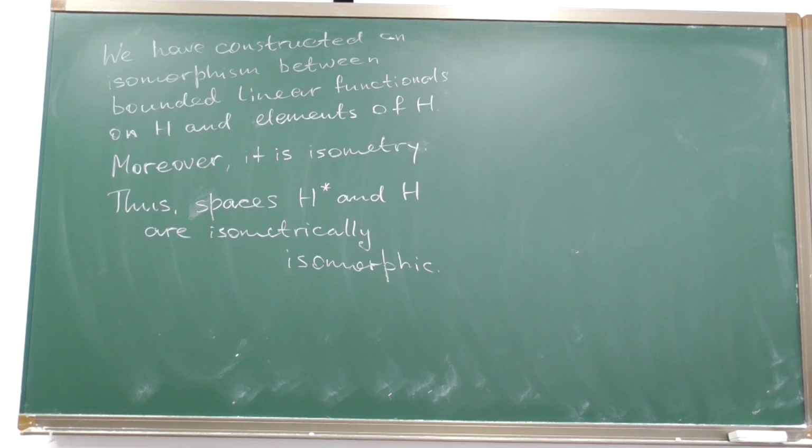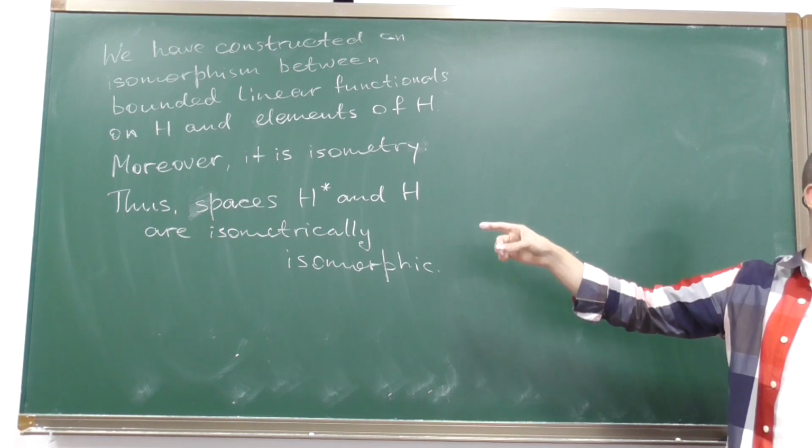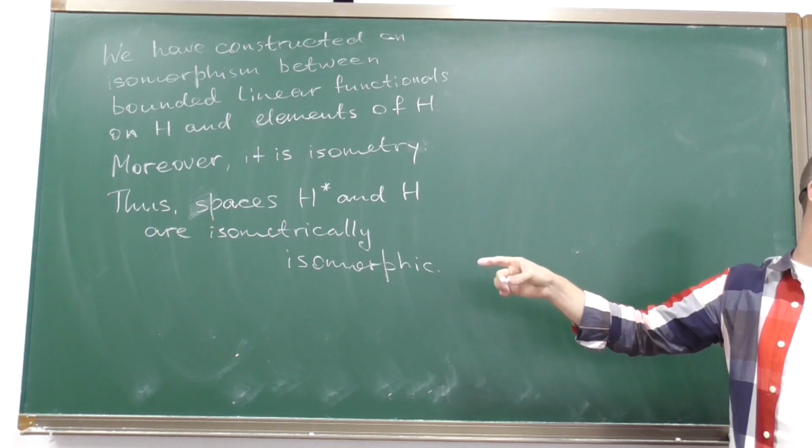And in the previous lectures, we have agreed that if the spaces are isometrically isomorphic, we do not distinguish them. We think about them as exactly the same thing. What we proved is that a Hilbert space and its dual space are exactly the same.